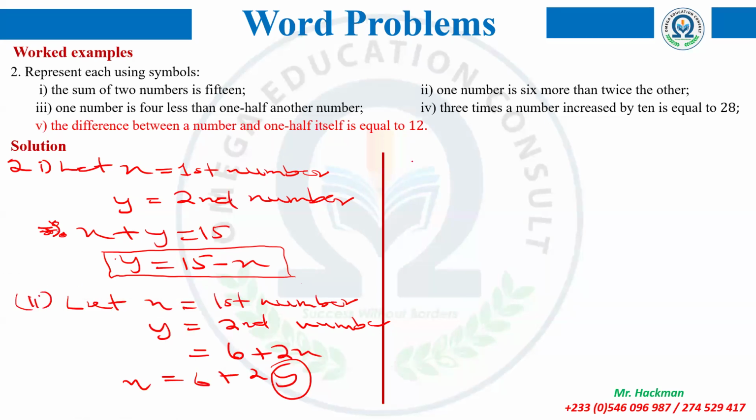Okay, so I will let x be equal to the other number. So in this case, it means the number that I'm looking for, if I label it as y, this implies that my y is the number that I'm looking for.